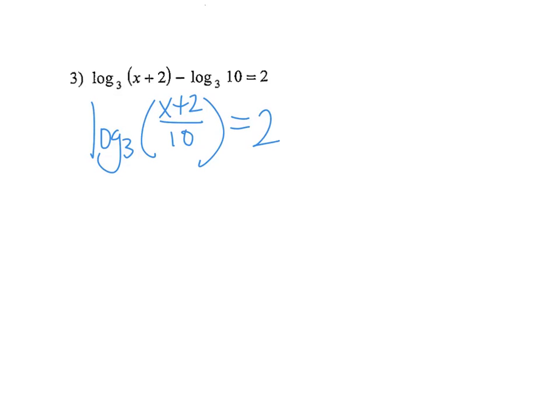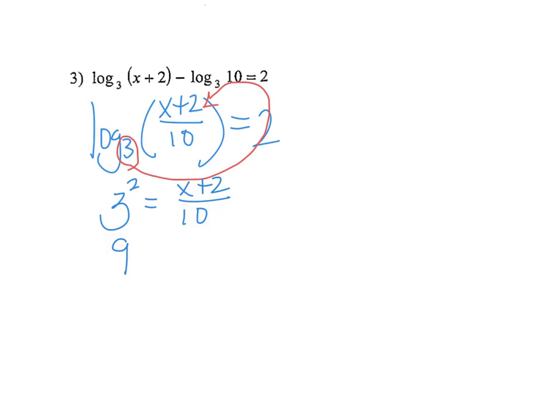We know from last week that one log equal to just a number, loop it up. I loop up, start with 3 raised to the second equals the inside. My new equation is 3 squared equals x plus 2 divided by 10.